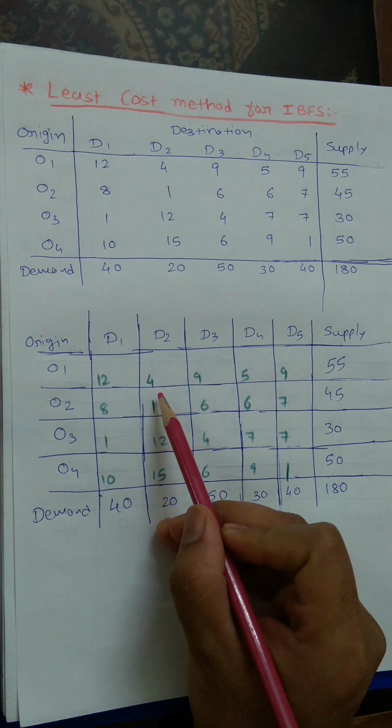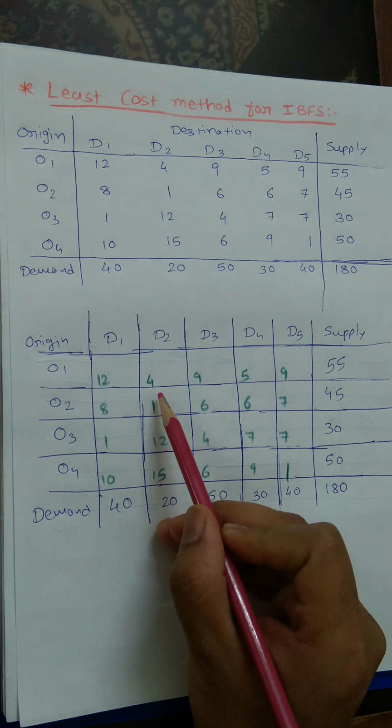In the O3D1 cell, you can see 30 and 40. So the minimum of these two is 30. If I would allocate, the answer would be 30. Now if you compare these two cells, in O2D2 we write 20, in O3D1 you would write 30. So amongst these two, the maximum is 30. So for that particular selection, I would select O3D1, but still we need to check O4D5.